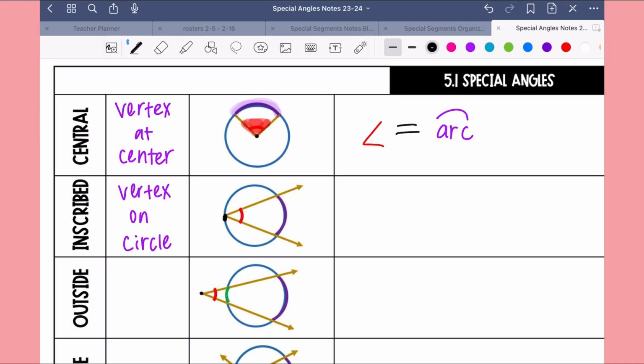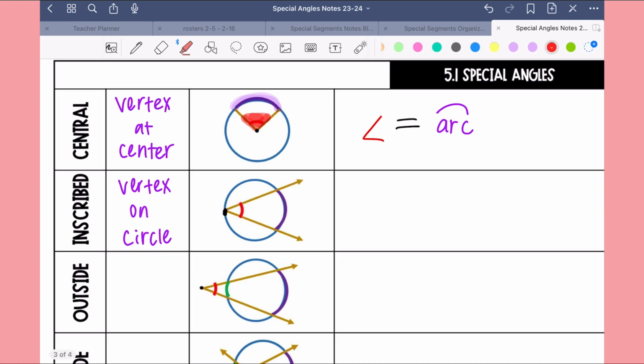Okay, so I'm going to highlight the angle. So when your vertex is there, your angle is here, this section, and my arc that it creates is actually out here. In between that angle is the arc. So I'm not looking at this part of it, I'm looking here, okay?